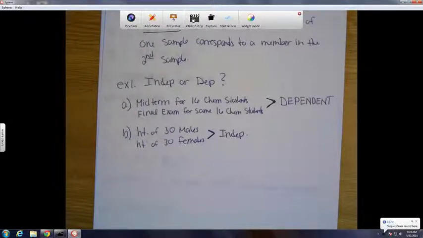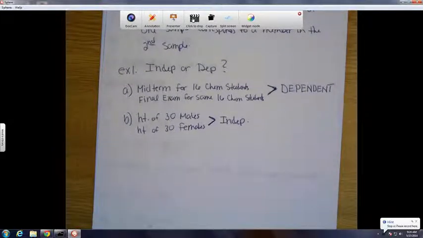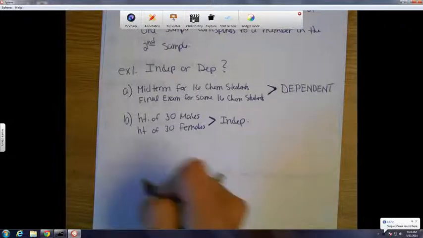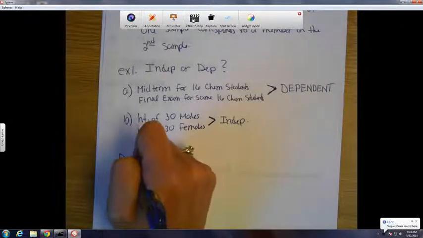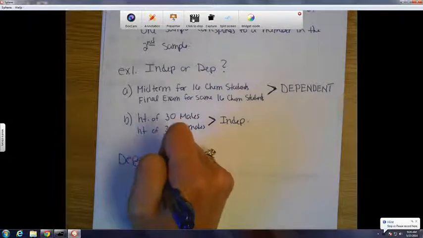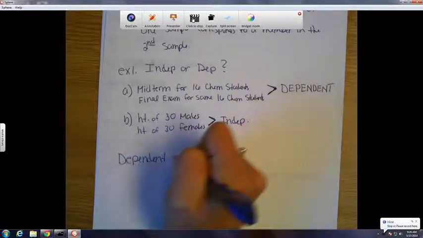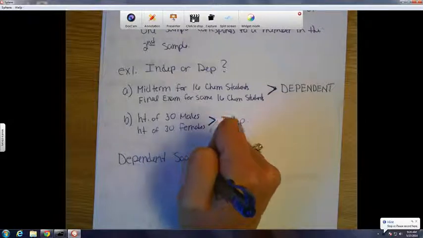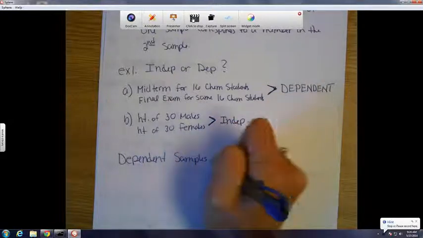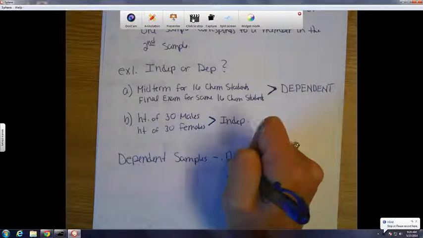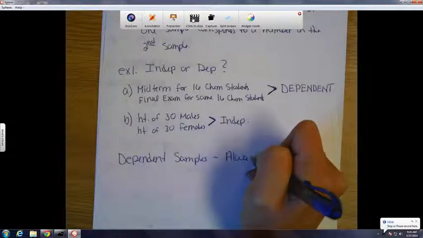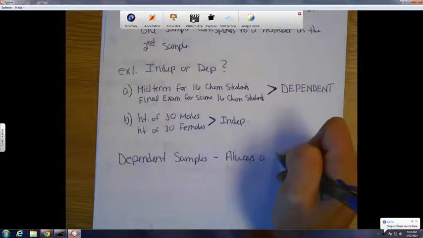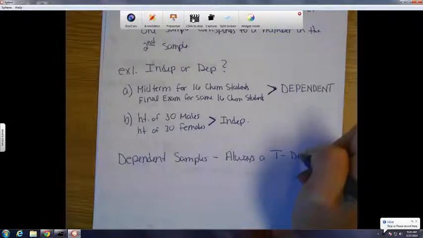So the situations that have to happen here, okay, sample size is not an issue. This will always be a t-distribution. Always. So dependent samples, it's always a T distribution, no Z's.